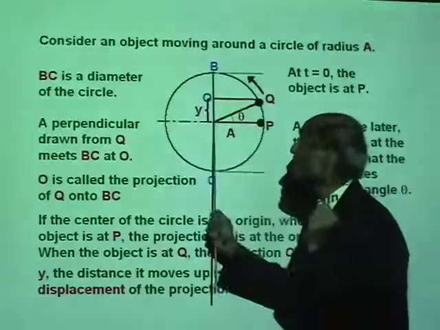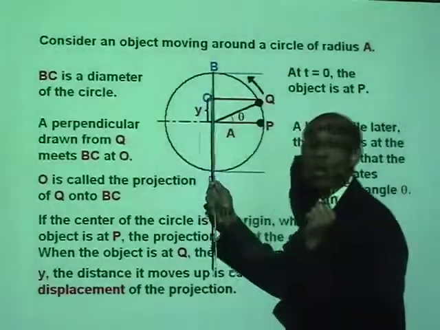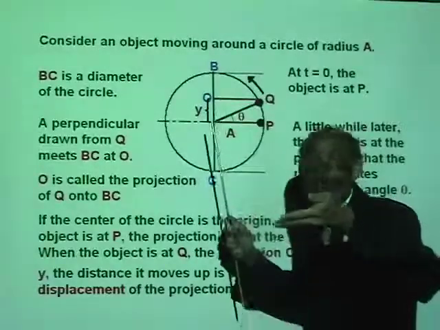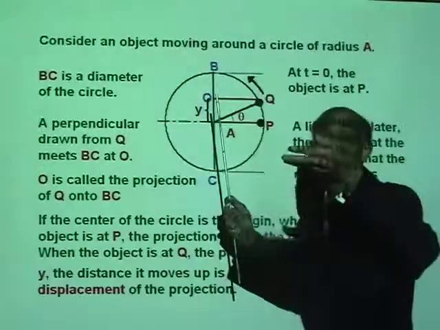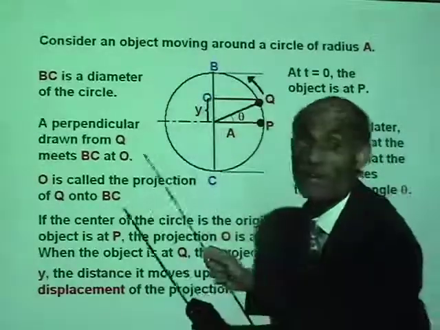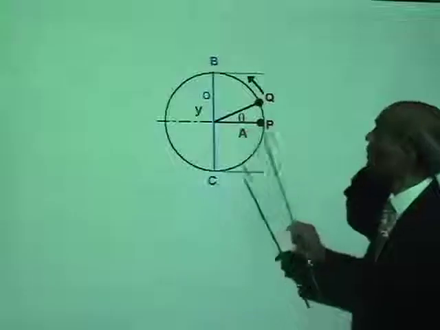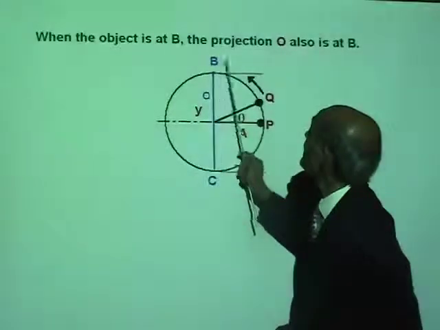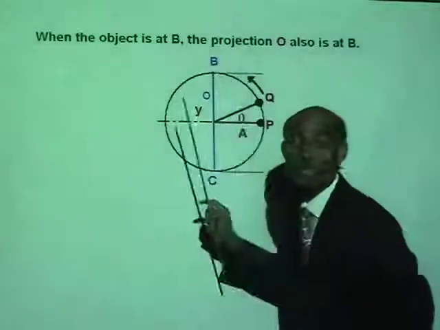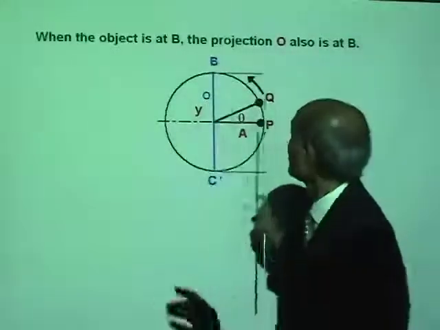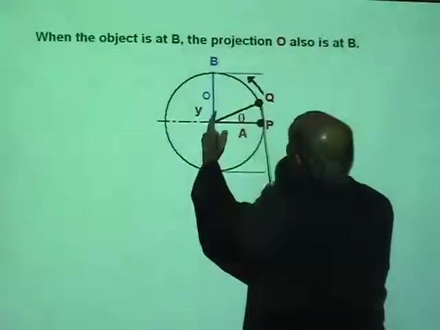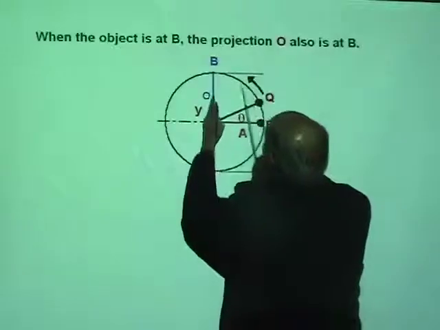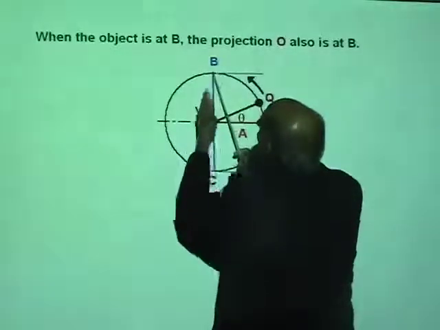In other words, the movement of this point O is going to be exactly the same as the movement of the loaded spring. This is what I'm aiming at. Now, when the object is at B, the projection also will be at B. You can see, as the object continues to move along the circle, the projection O will go up ultimately.